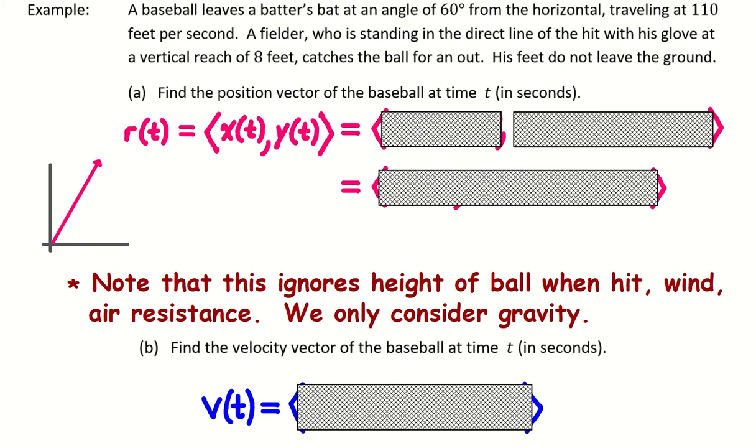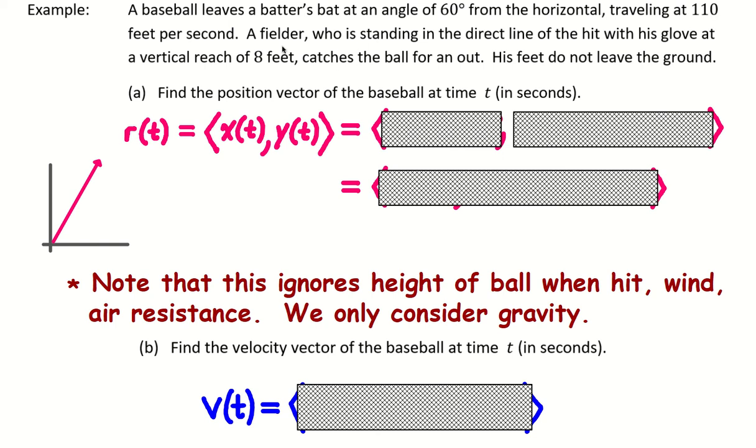A baseball leaves a batter's bat at an angle of 60 degrees from the horizontal. So I already have this little picture cooking down here. So the horizontal of the batter's bat, and then 60 degrees from the horizontal. Traveling at 110 feet per second. So the magnitude of this vector, at least at first, is 110 feet per second.